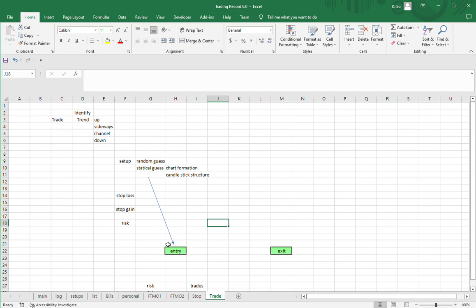So once I enter a trade, then I have to be performing trade management. If I have the trade thought out very well beforehand, surrounded by the possibilities, essentially the stop loss and stop gain, then it will just trade as is.